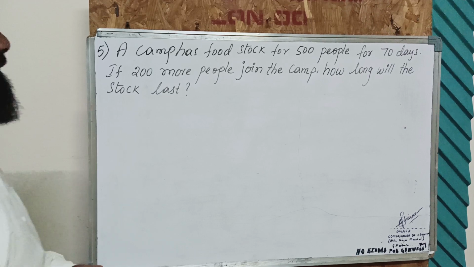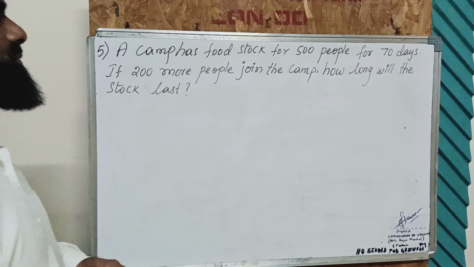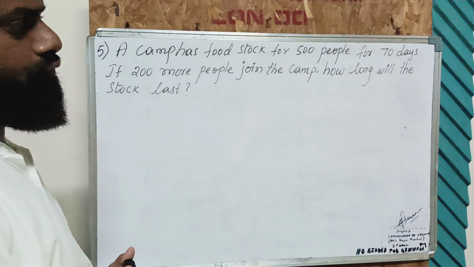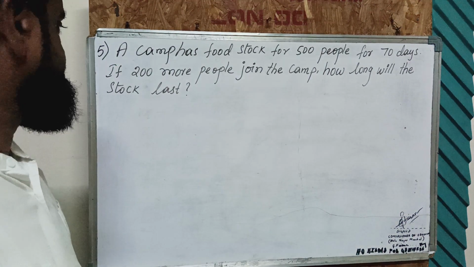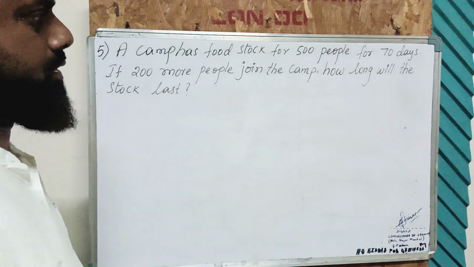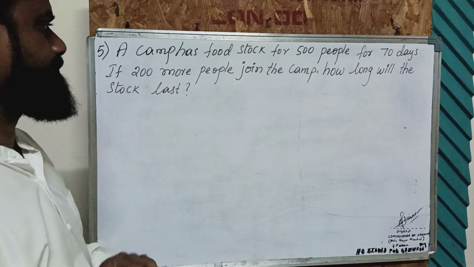Right. Let's continue. Next question is: a camp has food stock for 500 people for 70 days. If 200 more people join the camp, how long will the stock last?